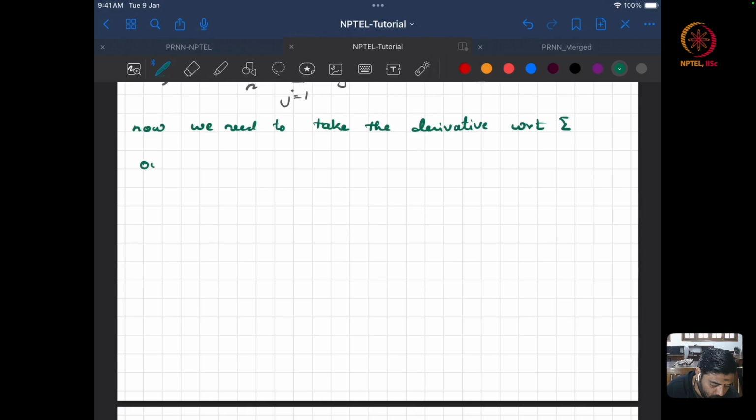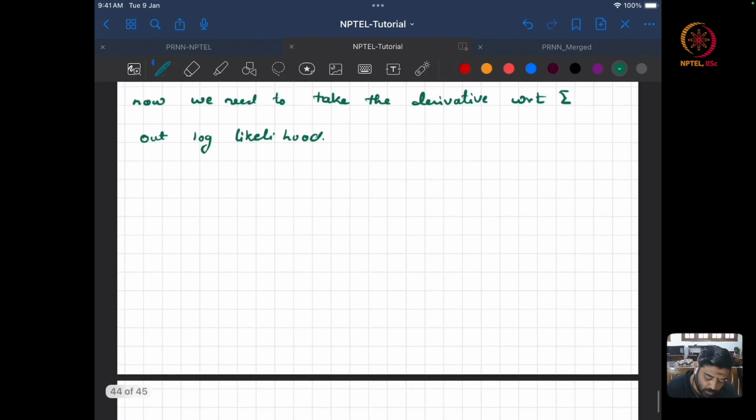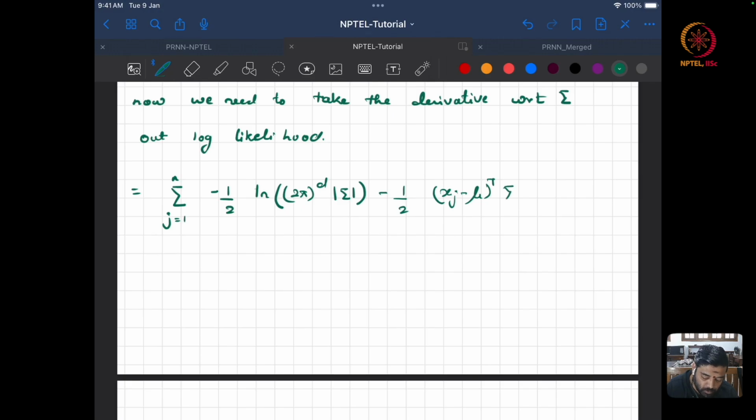So now our log likelihood has been reduced to, this is summation j equals 1 to n, minus half into ln of 2 pi to the power of d, minus half xj minus mu transpose inverse xj minus mu.